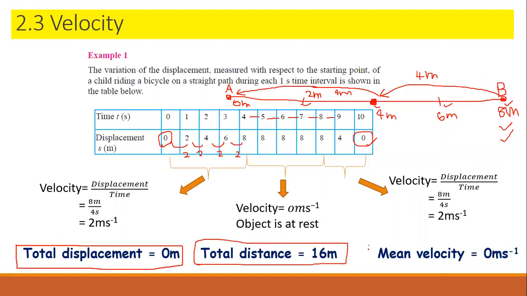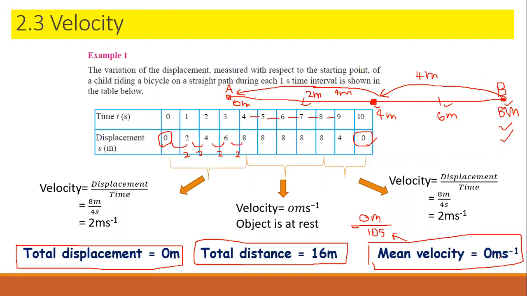That means the mean velocity. Mean velocity is the total displacement divided by total time. If we want to find the mean velocity here, it should be 0 meters divided by 10 seconds. 0 divided by 10 means 0 meters per second.